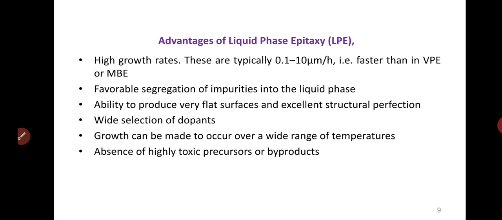The equilibrium conditions depend very much on the temperature and the concentrations of the dissolved semiconductor in the melt. Now, what are the advantages of this process LPE? Its growth rate is high and favorable segregation of impurities into the liquid phase.